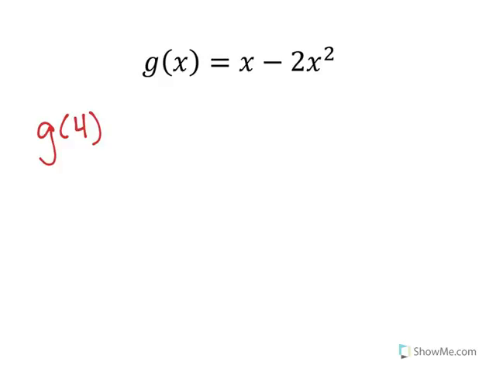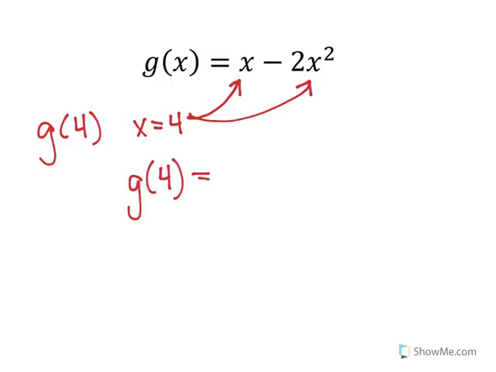So if x equals 4, that means that in place of x, we're going to write a 4. So I'm going to rewrite this as g(4) equals 4 minus 2 times 4 squared.